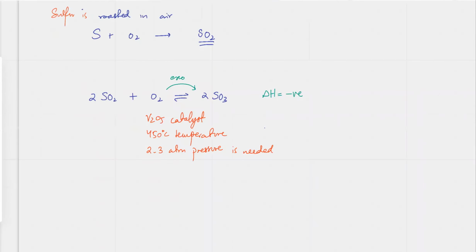In the reverse, it's going to be the opposite. So once SO3 is formed, what you have to do is turn SO3 into sulfuric acid.